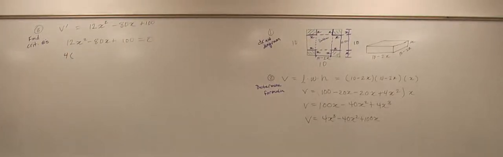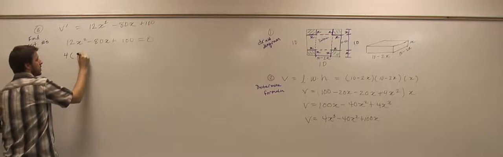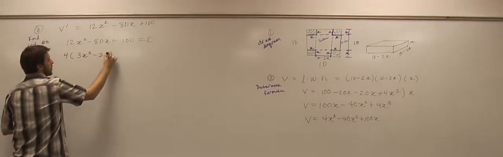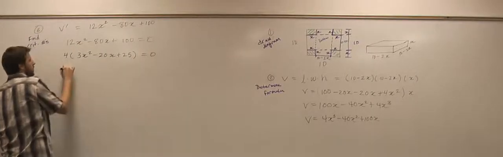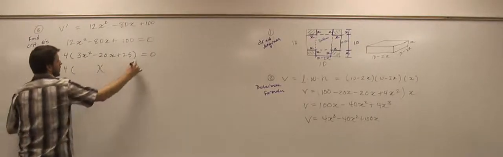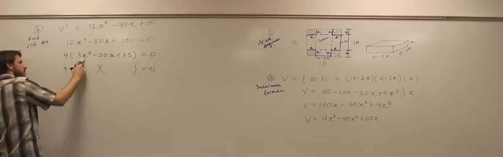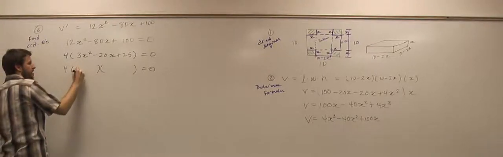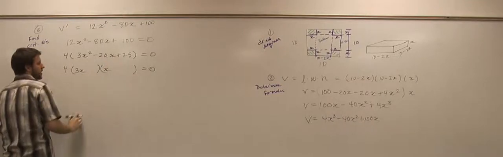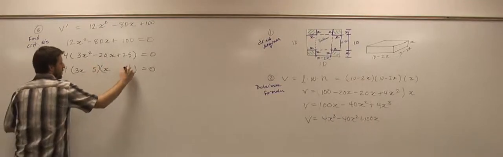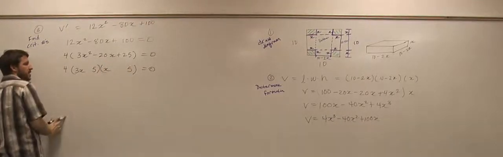For example, 4 goes into all of these. And then you can break it down again. Two things that multiply out to 3x squared, 3x and x. Two things that multiply out to 25. But you have to check and make sure the middle adds up.